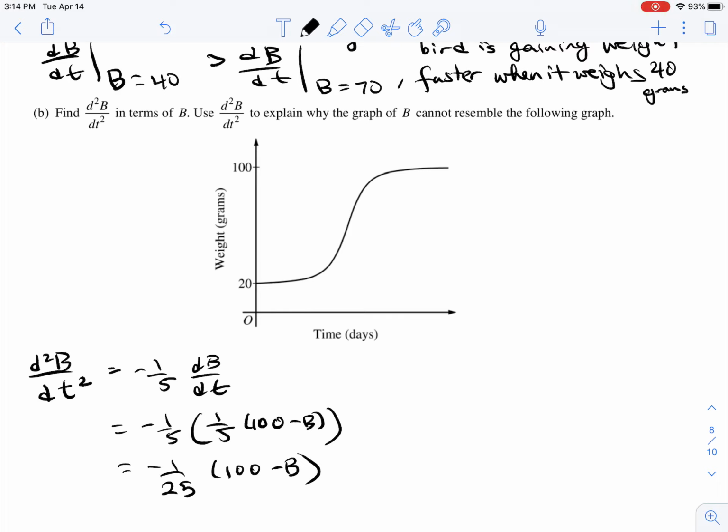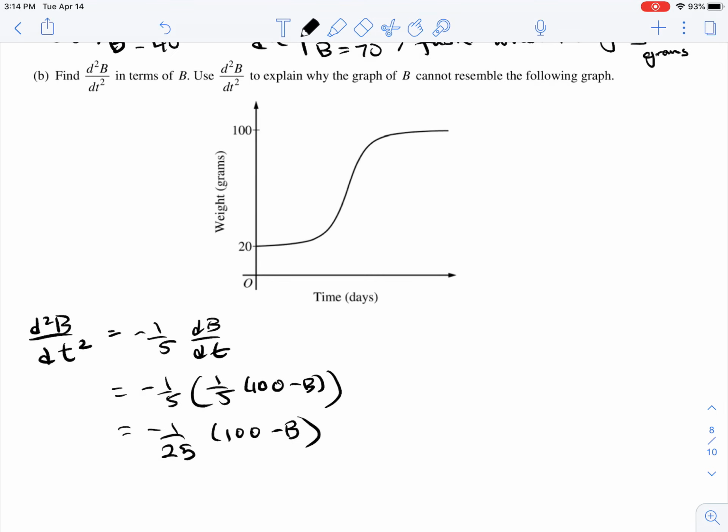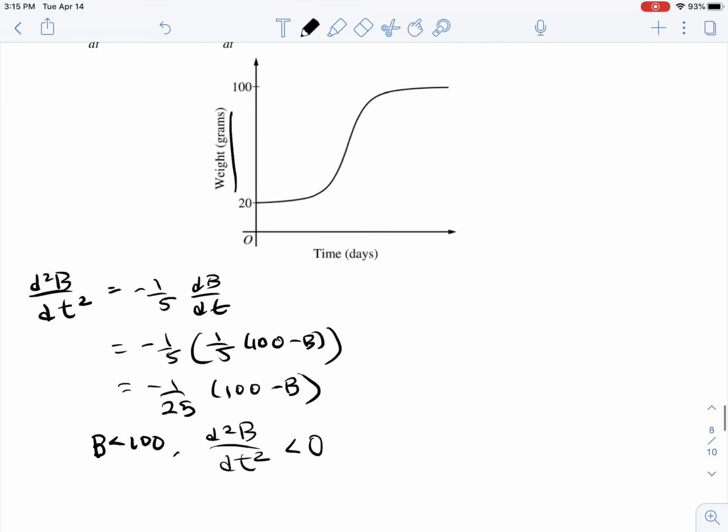Well, looking at what we found here, we see that when our B value, our weight in grams, is less than 100, then our second differential equation is going to be less than 0. It's negative, which means it's got to be concave down. So let's write that. When B is less than 100, this is negative, therefore it's concave down.